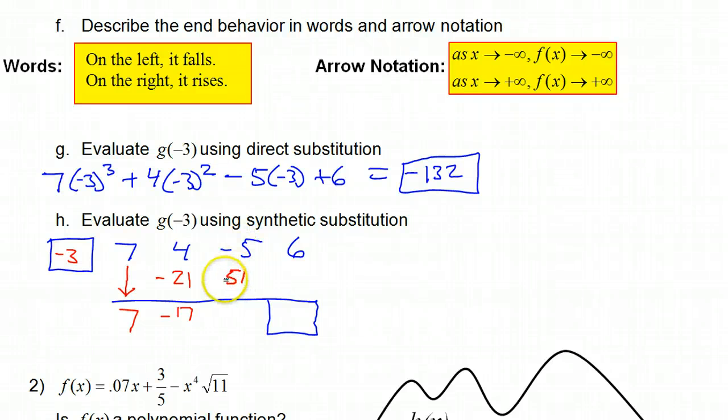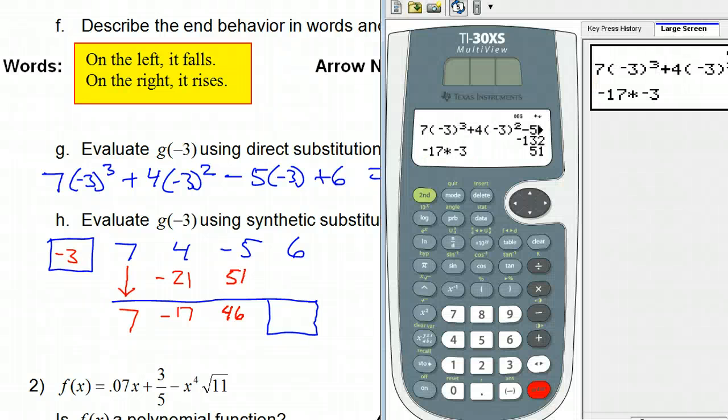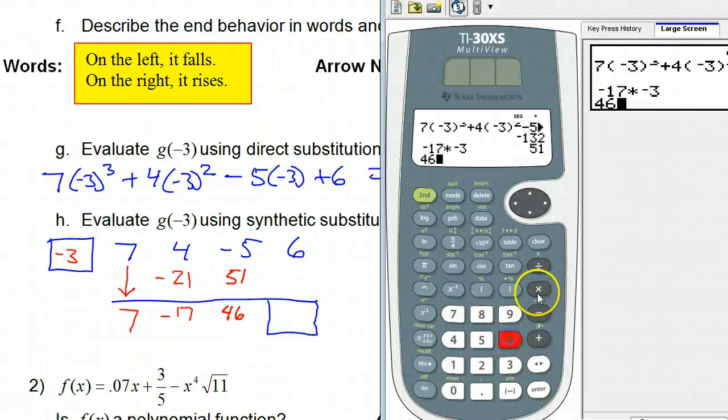You put it in the next available spot. So negative 5 and positive 51, that's going to be positive 46. So now I've got positive 46 times negative 3, and you put it here. And that is negative 138.